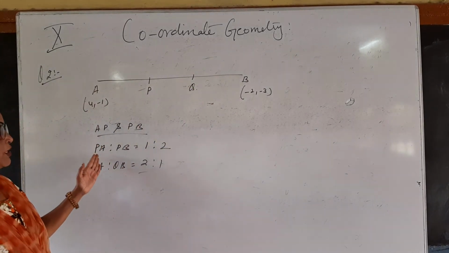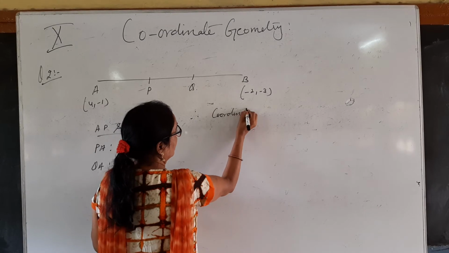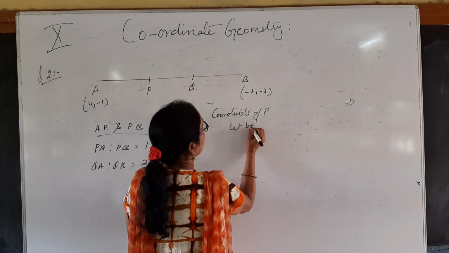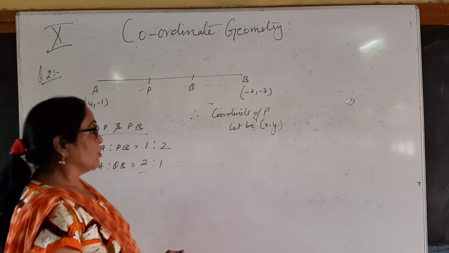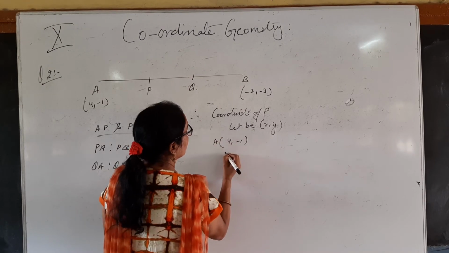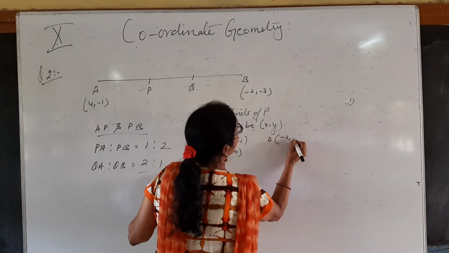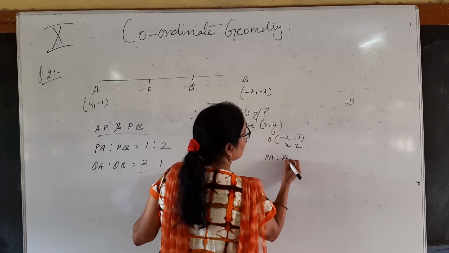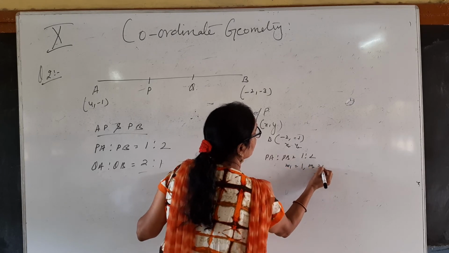So first we will find the coordinates of P. Let the coordinates be x and y, dividing internally. Here A is given (4, −1), it is x1, y1, and B is given (−2, −3), so it is x2, y2. The ratio PA is to PB is 1 is to 2, so m1 is 1, m2 is 2.